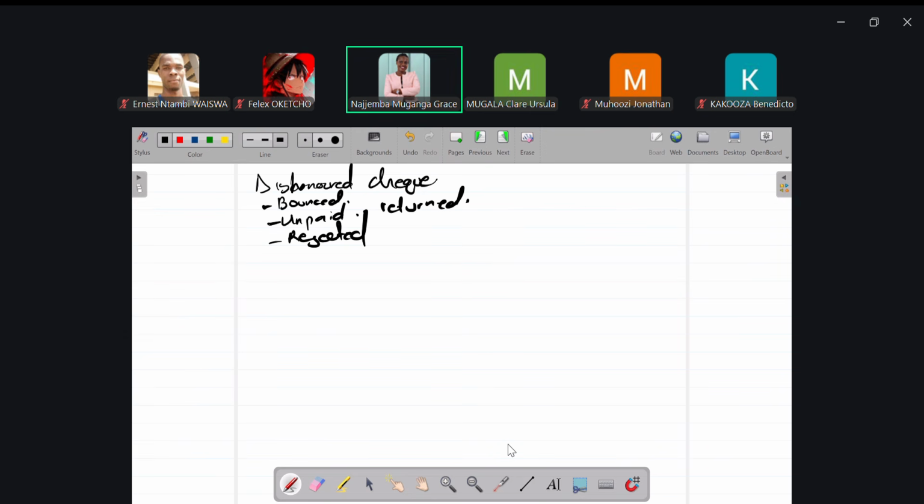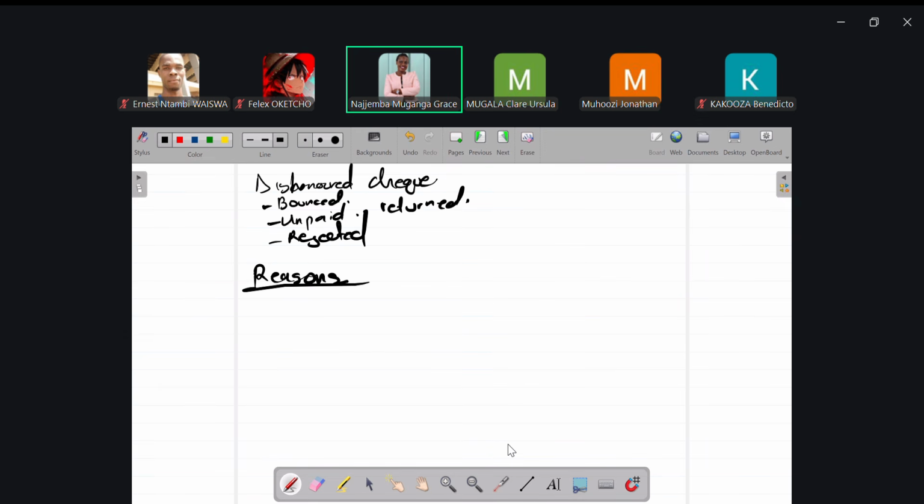Okay, so we have reasons, if I can even explain further on the treatment. What are the reasons for dishonored checks? What are some of those reasons why checks are dishonored? Why they bounce, why they come back unpaid? Maybe insufficient funds at the bank.